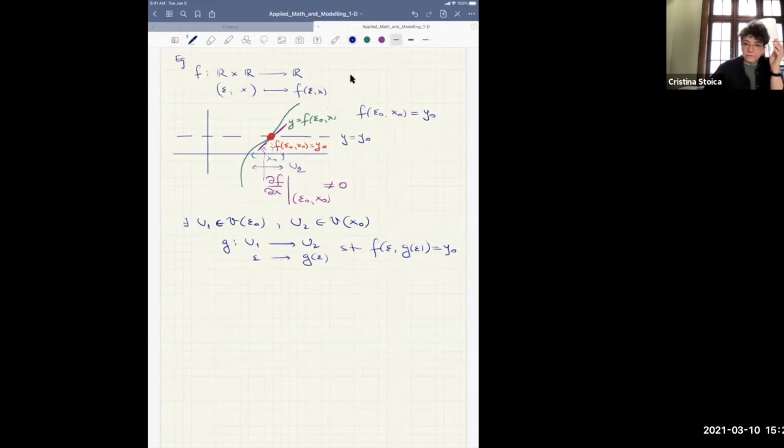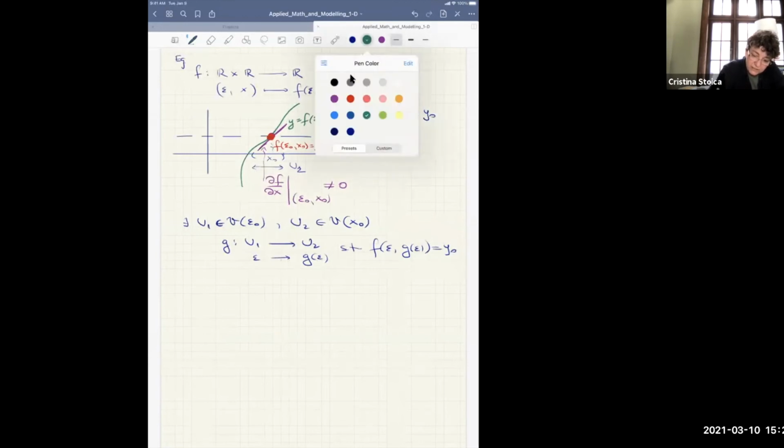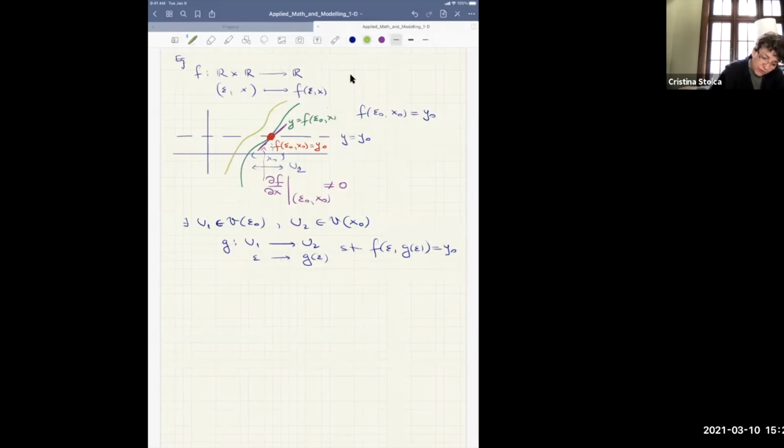In other words, I can jiggle this function in green a little bit, so maybe it moves a little. So here is y equals f at epsilon and x. But this cut with the height y naught will persist, it will still be there.